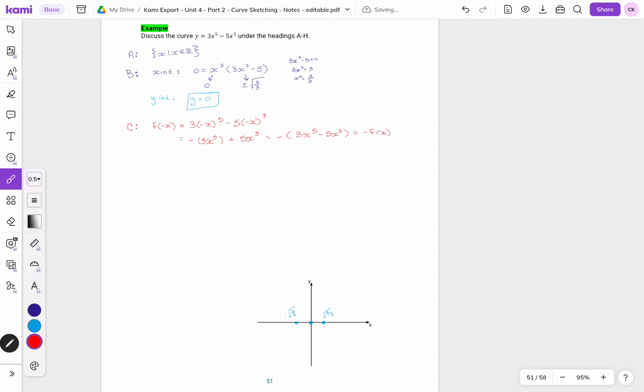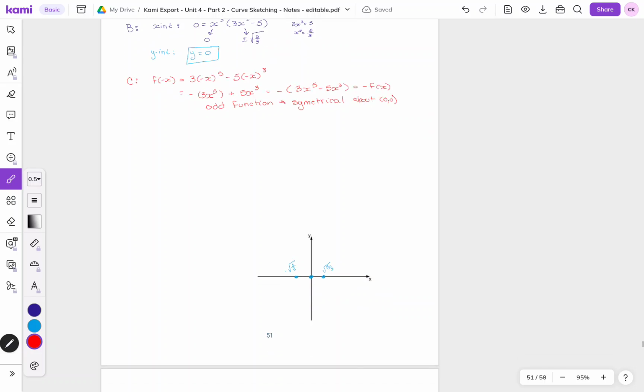So this is an odd function. So we're symmetrical about our origin, the point 0, 0. So whatever happens before this point here has to happen the exact same after that point.